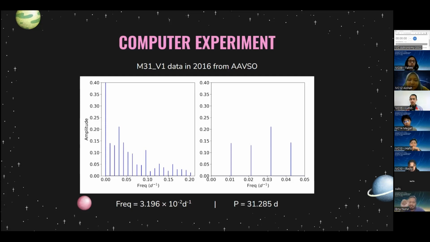You make, for example, a window like 1 week or 1 month, and you move the window and calculate the amplitude of the signal in each window. By doing that you can make sure that your data is equally sampled, and then you can do the analysis using the FT.